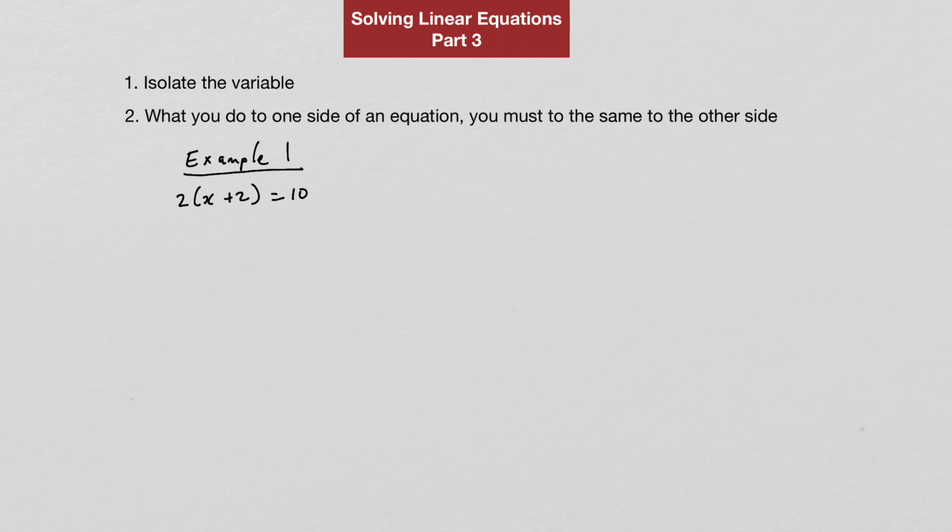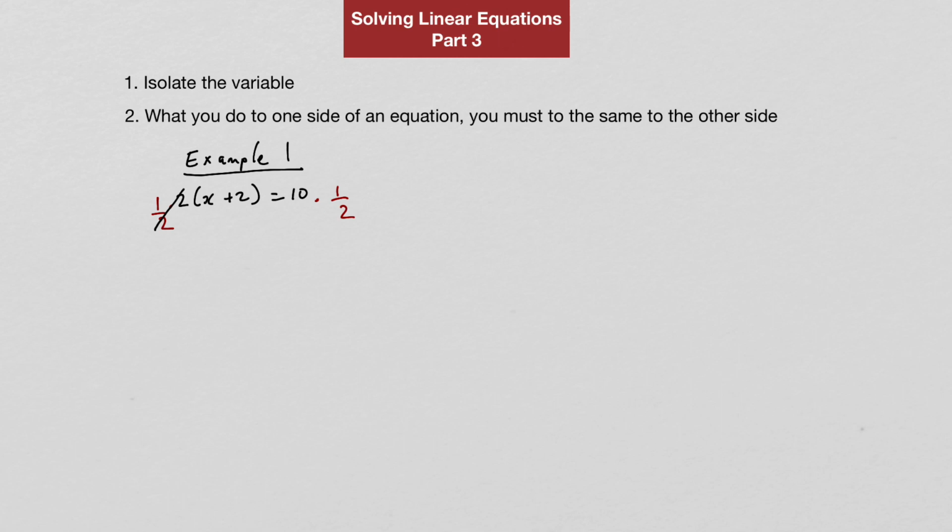If you remember, in order to move this 2 over to the other side of the equation, we're going to need to multiply it by the reciprocal. The reciprocal of 2 is 1/2. And whatever we do to that side of the equation, we need to do the same to the other side. And when we do that, these cancel out.